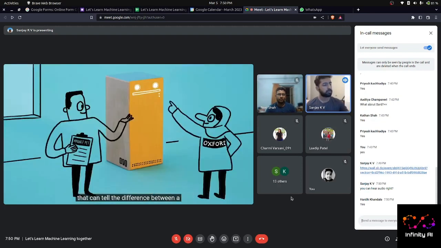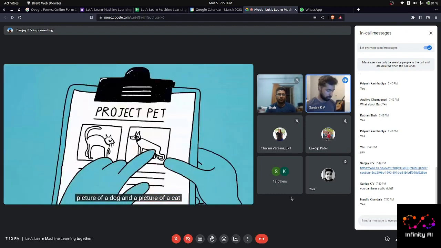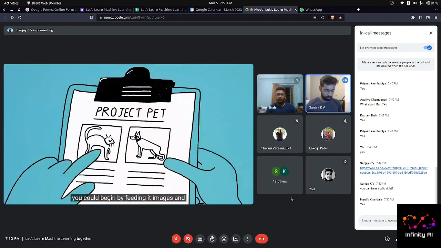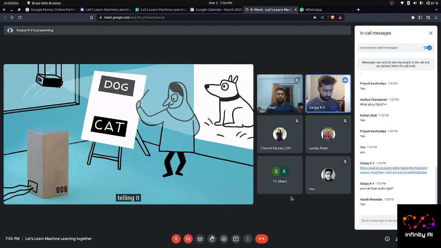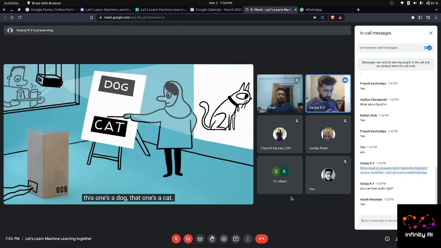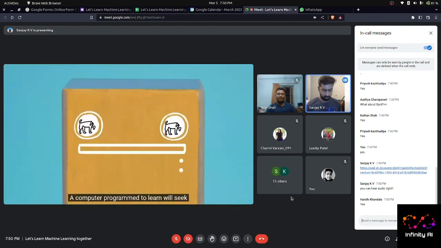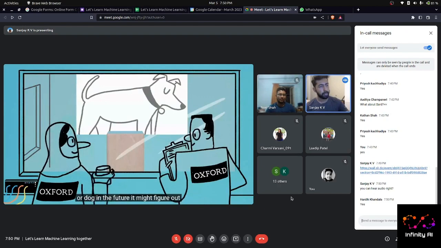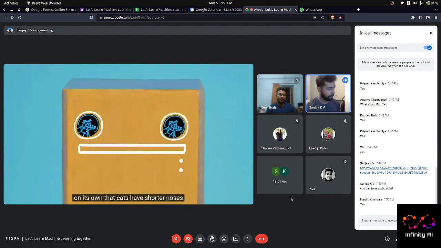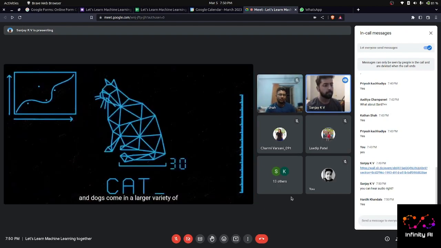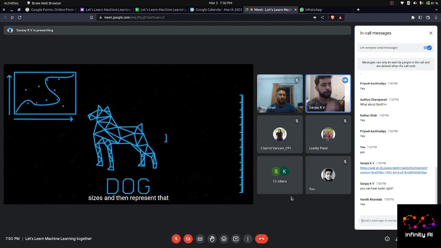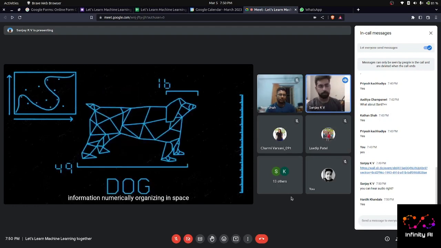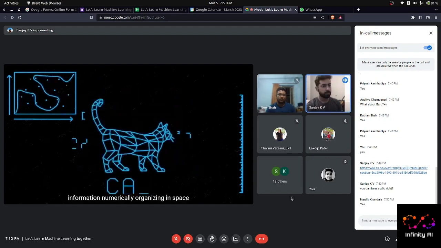Say you need a computer that can tell the difference between a picture of a dog and a picture of a cat. You could begin by feeding it images and telling it, this one's a dog, that one's a cat. A computer program to learn will seek statistical patterns within the data that will enable it to recognise a cat or a dog in the future. It might figure out on its own that cats have shorter noses and that dogs come in a larger variety of sizes, and then represent that information numerically, organising it in space.